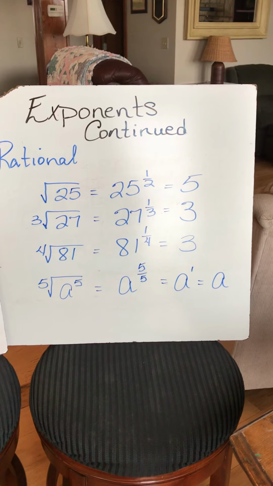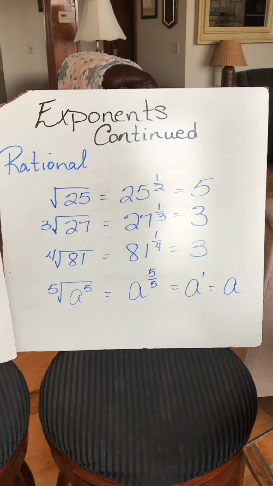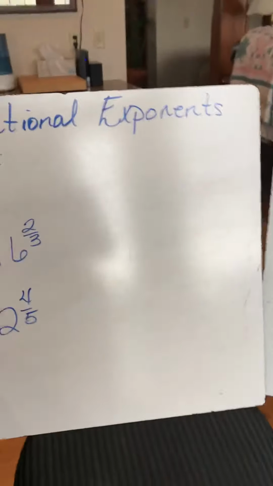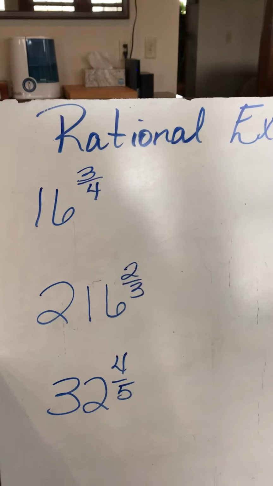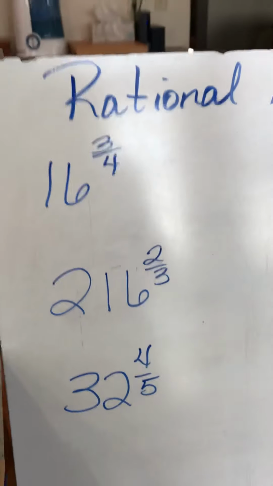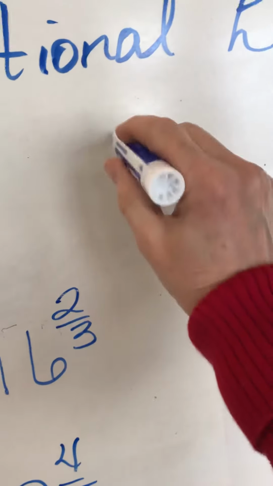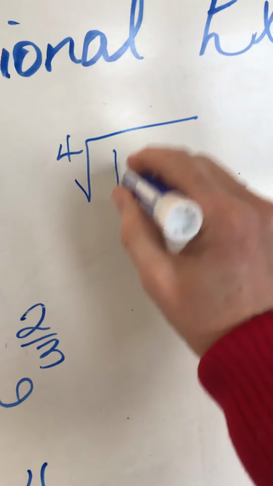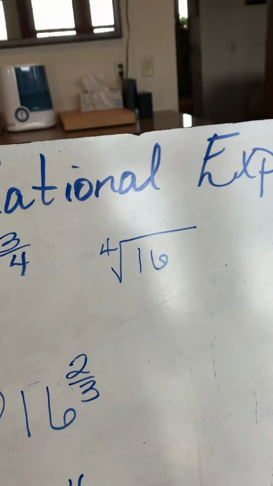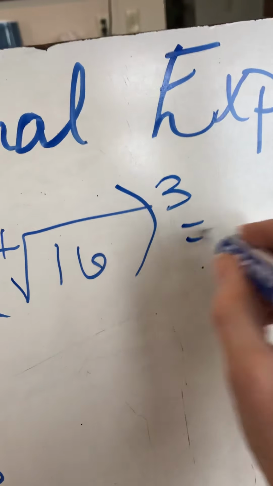Today we're going to add a value other than 1 in the numerator of our exponent. So let's go to this board right here. I've got 16 to the 3/4 power. Okay, so that means that we need the fourth root of 16, but that is going to be raised again to the 3rd power.